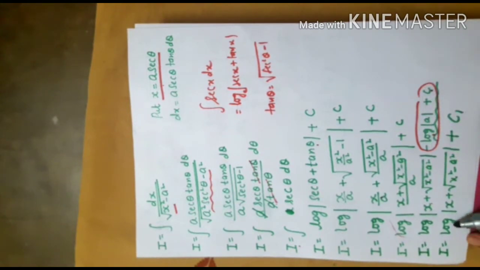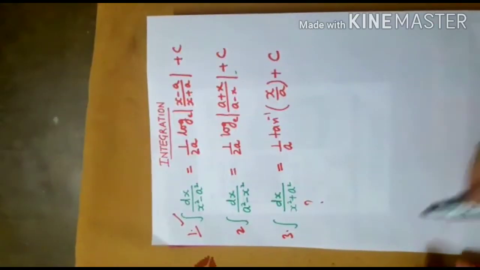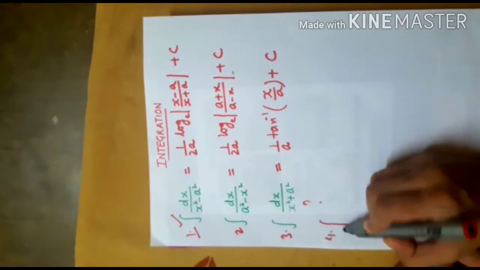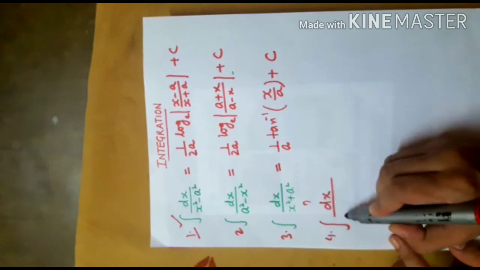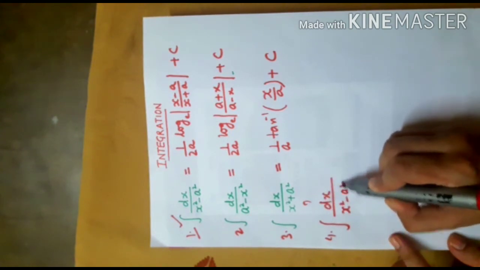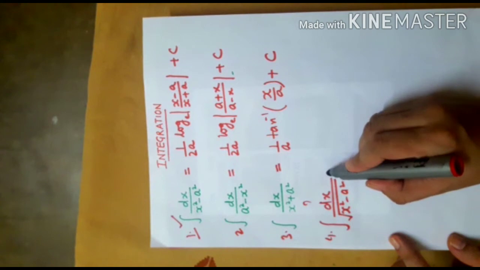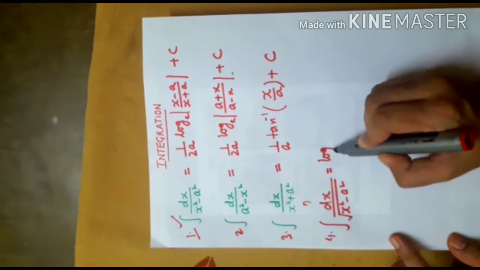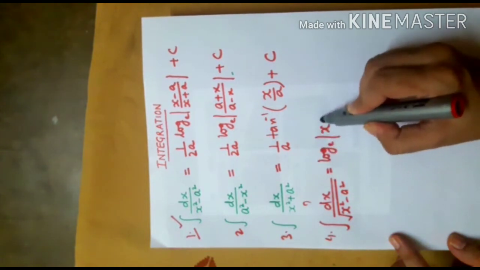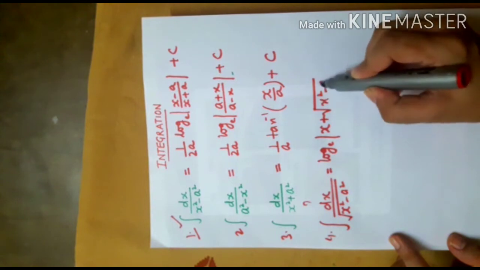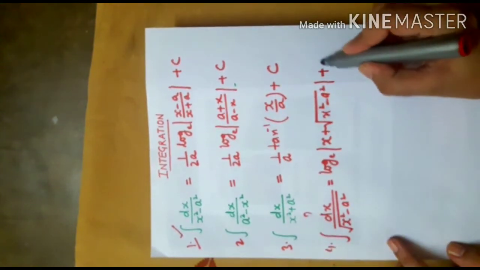So integral is log absolute value of x plus root x square minus a square plus c1. So remember this, integral dx over square root of x square minus a square will be log x plus root x square minus a square plus c.